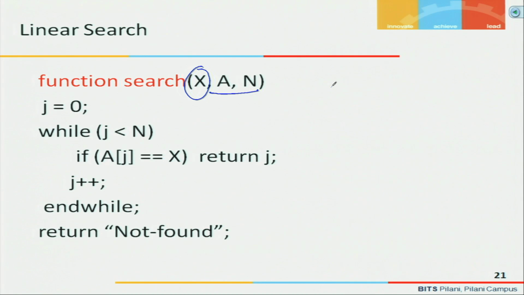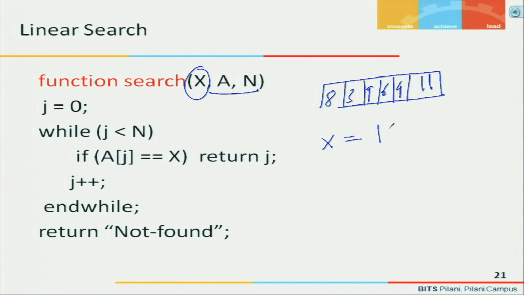So, I have a sequence of numbers stored in an array in whatever order, not necessarily increasing or decreasing, and we are given a key x, which is say 10, and we are trying to find whether this key is there in this sequence or not.